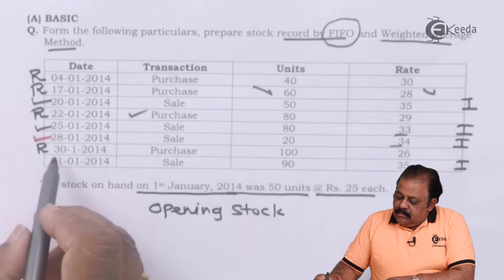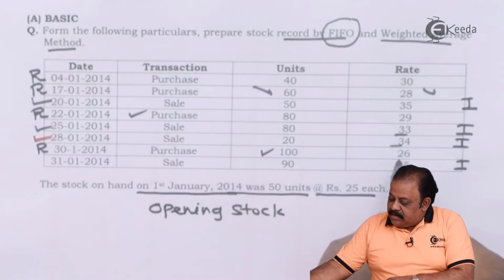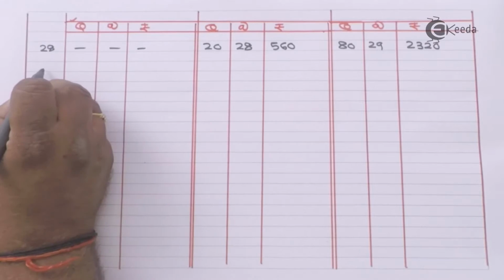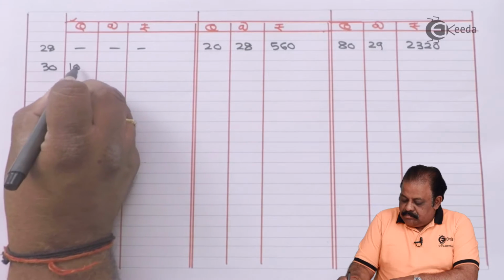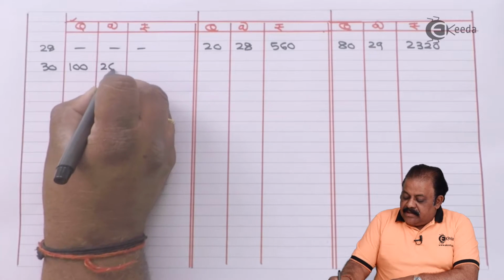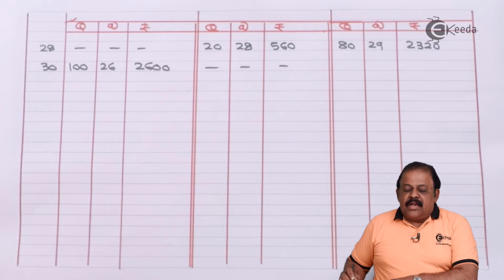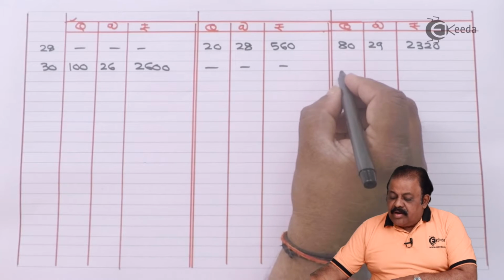2320. On 30th January, there is purchase of 100 units at the rate of 26. In quantity column, we have entered 100 units, rate 26, so it will be 2600. There are no issues. Balance we are required to record.